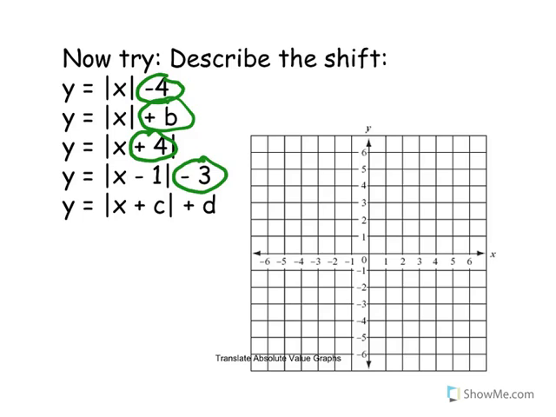The -3 outside means I'm going 3 units down. The -1 inside means I'm going 1 unit to the right. Positive D outside means I'm going D units up. Positive C inside means I'm going C units to the left.